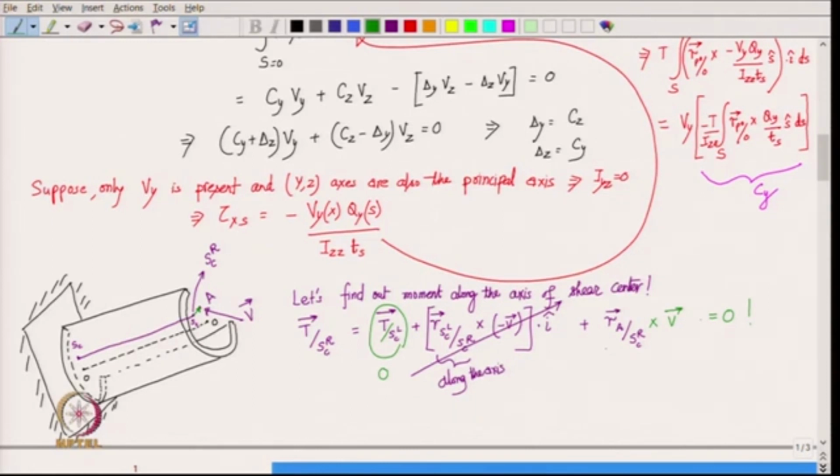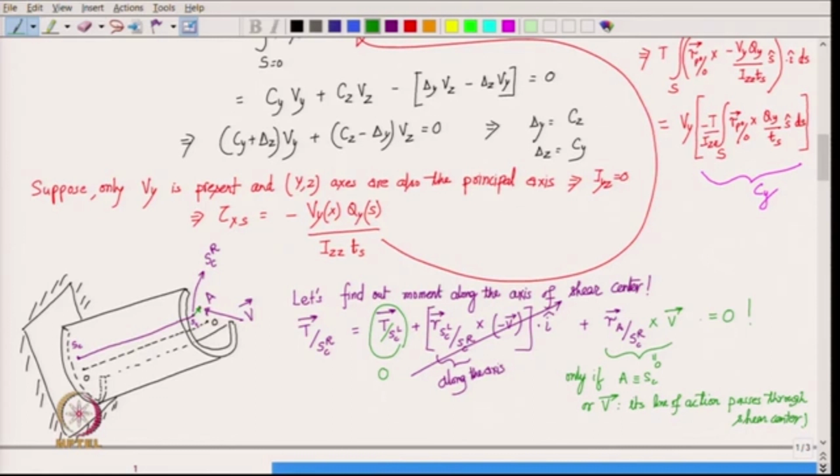So, basically this will be 0 only if A is equal to shear center, or the shear force V, its line of action passes through the shear center.